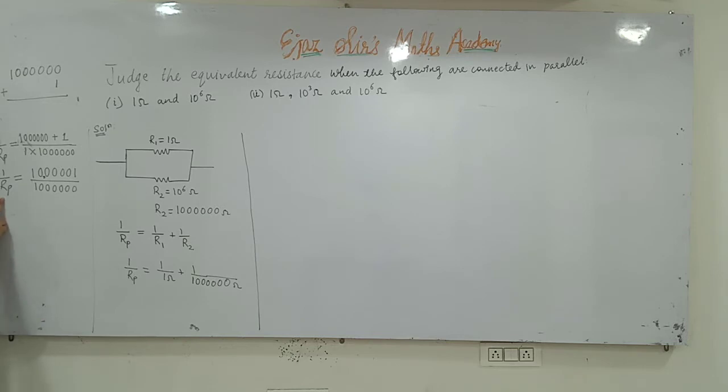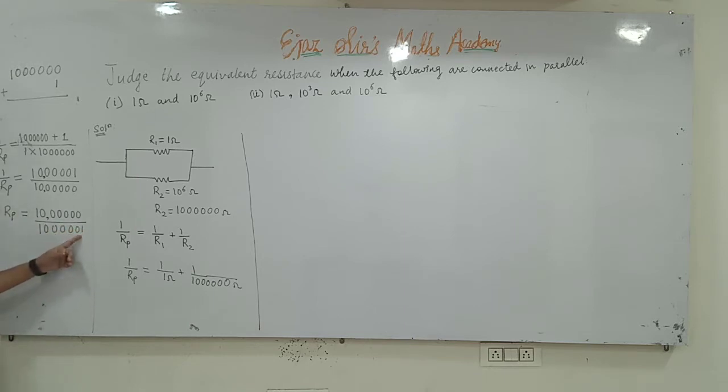But we have to find Rp, we don't have to find 1 upon Rp. So let us do its reciprocal. And the reciprocal will be Rp is equal to 10 lakh divided by 10 lakh and 1.